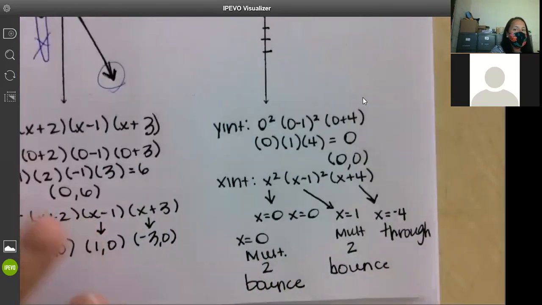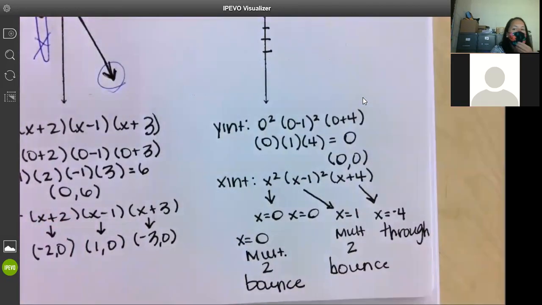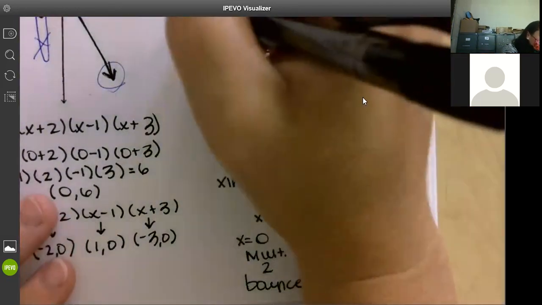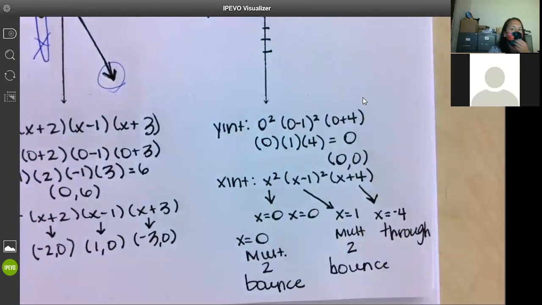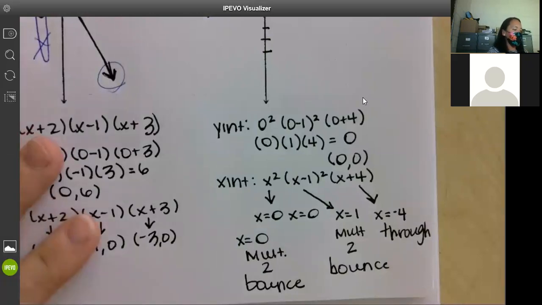We have x equals 0, which we already have a dot there because it's our y-intercept as well. We have x equals 1, and that's going to be a bounce, and x equals negative 4, which will be, no, it'll be a pass-through, sorry. So 0, 0 is a bounce, and 1, 0 is a bounce.